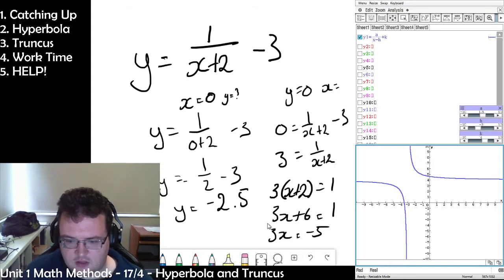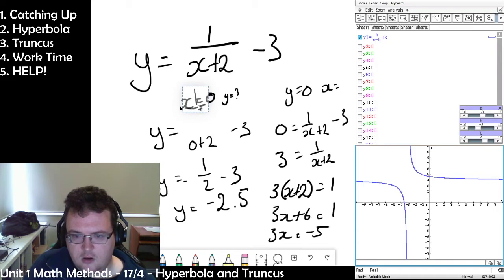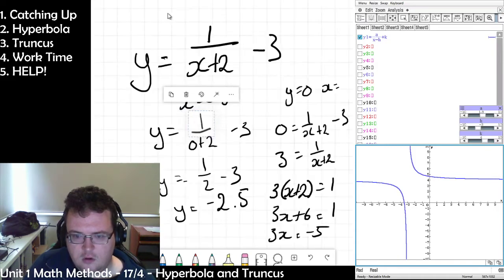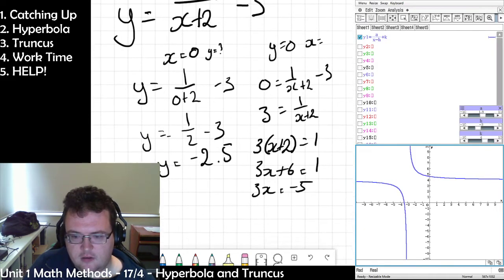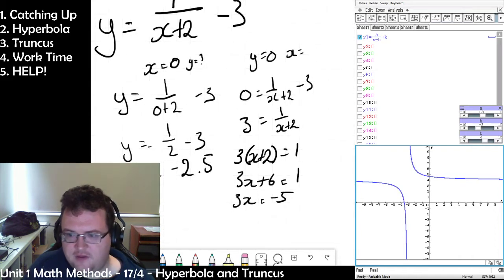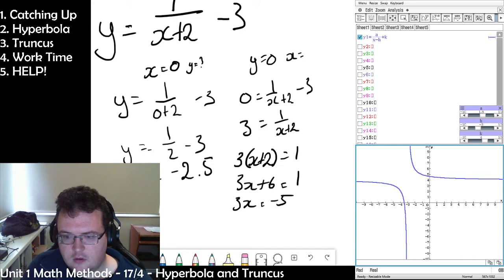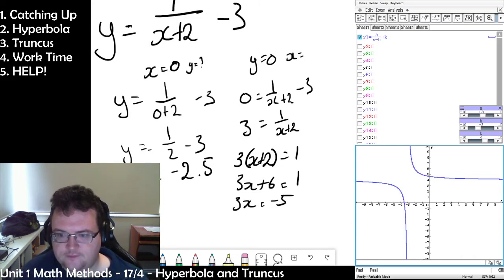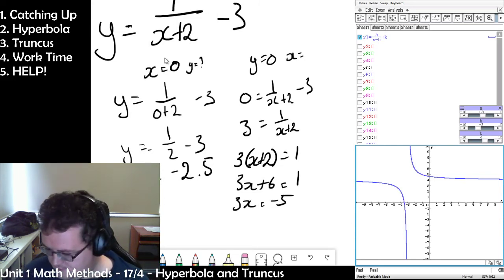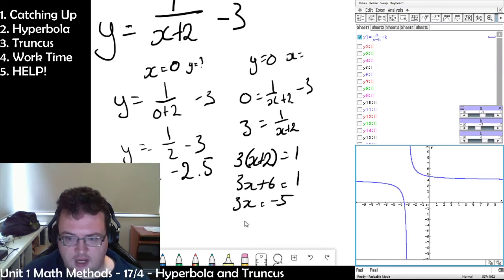And then I'm just going to move my whiteboard around a little bit, just so I have a bit of room to work with. And what do I get? x equals minus 5 over 3.